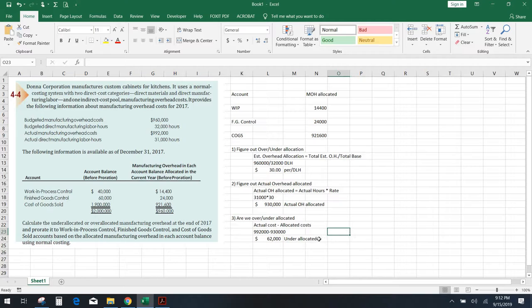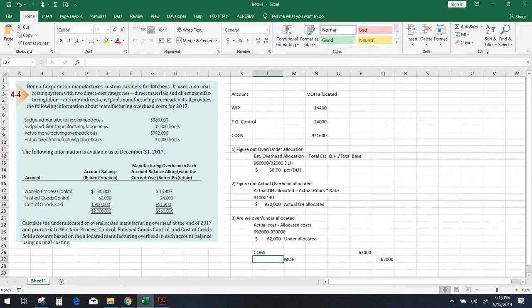We could do it all to cost of goods sold, and if we were going to do that, since we're under allocated, we would debit cost of goods sold for 62,000 and credit manufacturing overhead 62,000. That's one way to dispose of it. Then that 62,000 goes away.